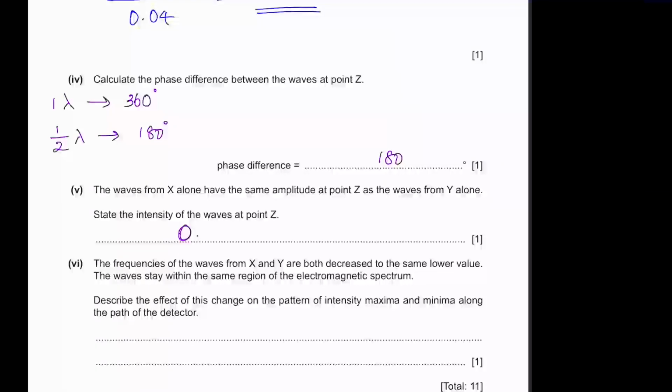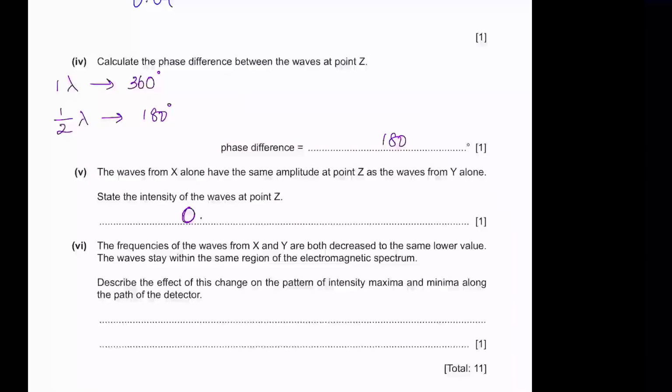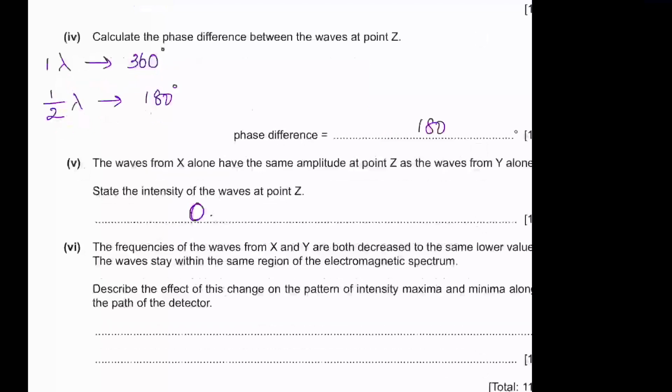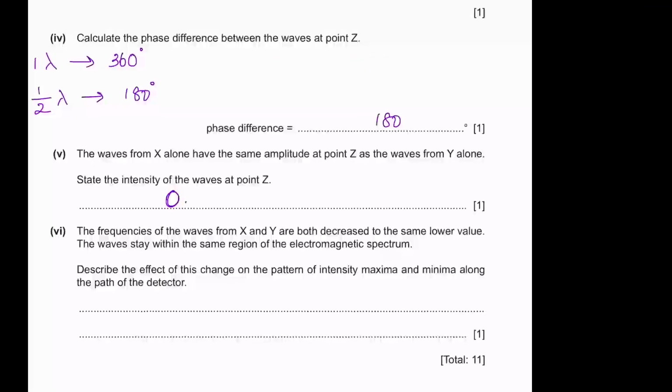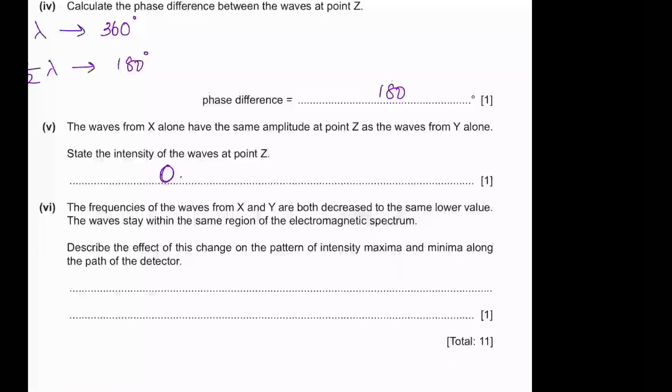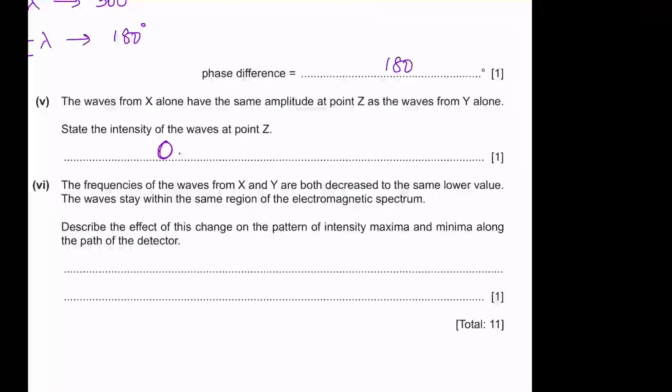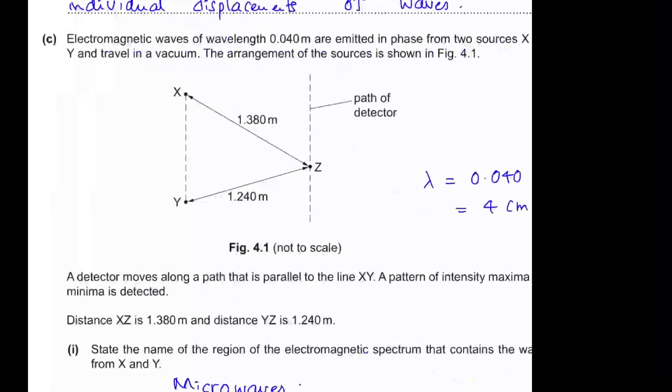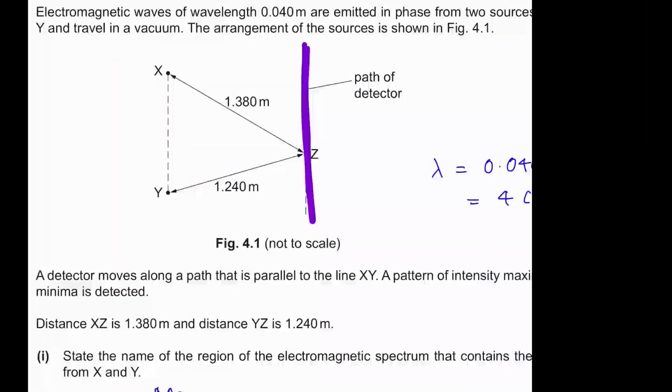Okay. The frequencies of the waves from X and Y are both decreased to the same lower value. The waves stay within the same region of the electromagnetic spectrum. Describe the effect of this change on the pattern of intensity maxima and minima along the path of the detector. Now this is similar to Young's double slit experiment, where there are two waves coming and meeting on the screen.